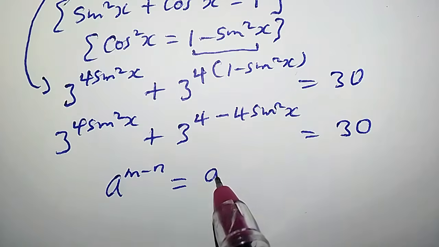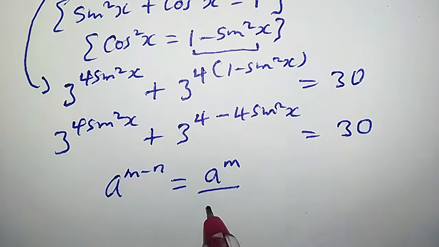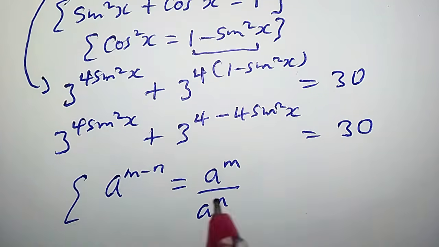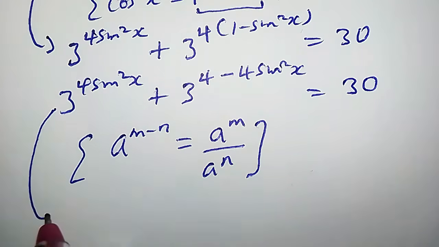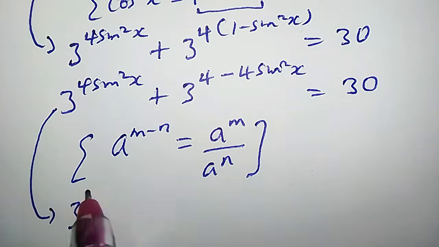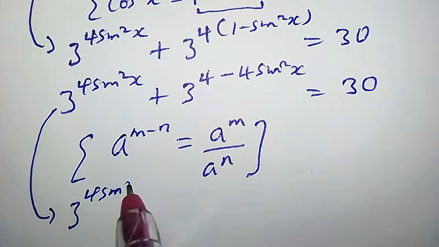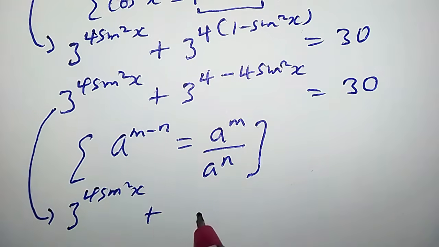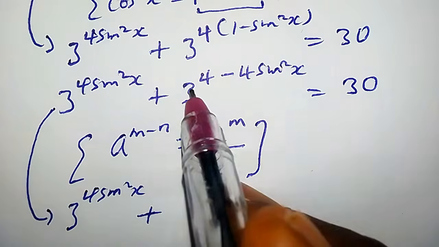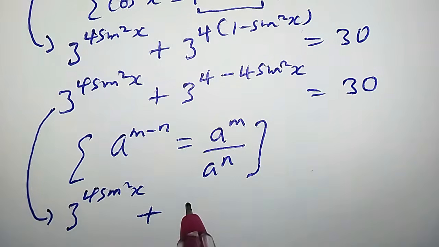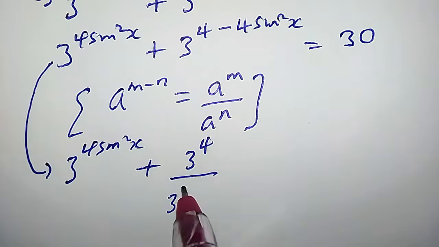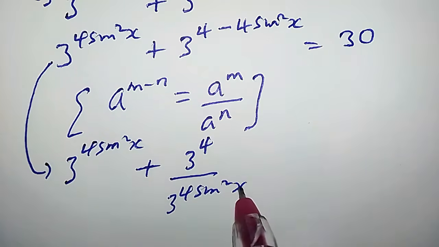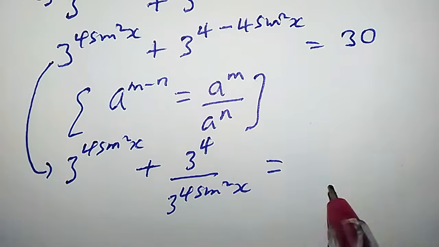This is equal to a raised to m divided by a raised to n. Take note of this property also. That means from this line, we have 3 raised to 4 sine square x plus, if we apply this property, 3 raised to 4 divided by 3 raised to 4 sine square x equal to 30.